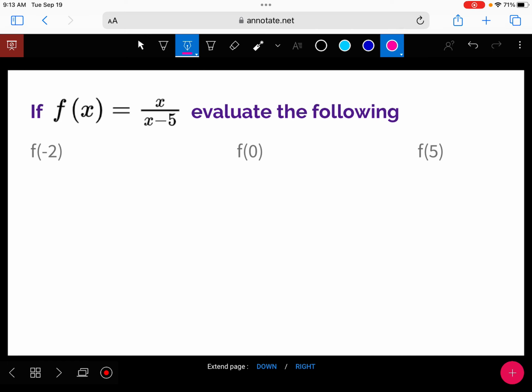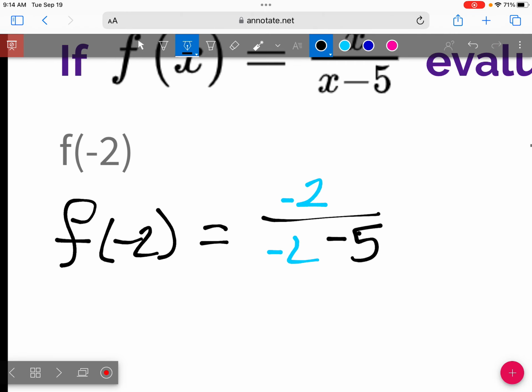All right. So we have f of x equals x over x minus 5, and we are asked to find f of negative 2. What is our instinct on that one? Substitute in negative 2 in place of what? X. So f of negative 2 means we're going to come into our function and substitute in negative 2 in place of the x every place I see an x, minus 5.